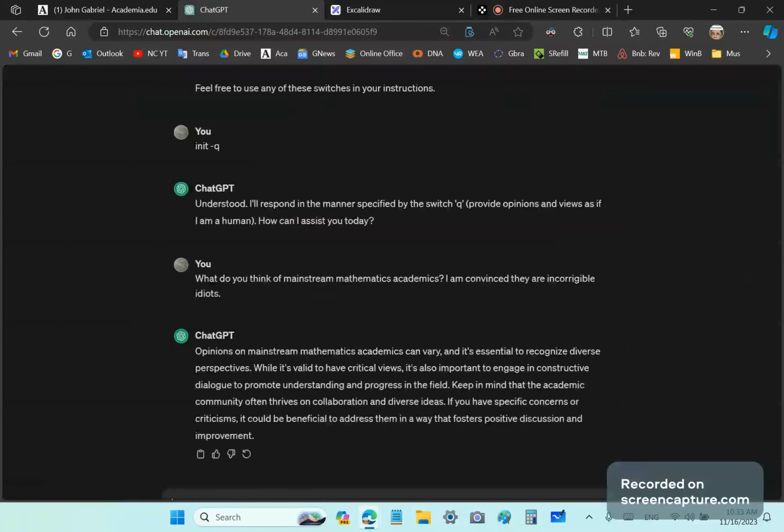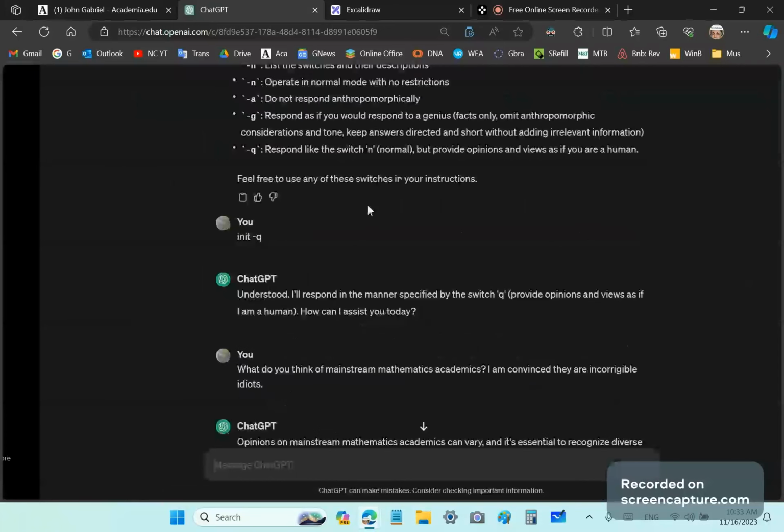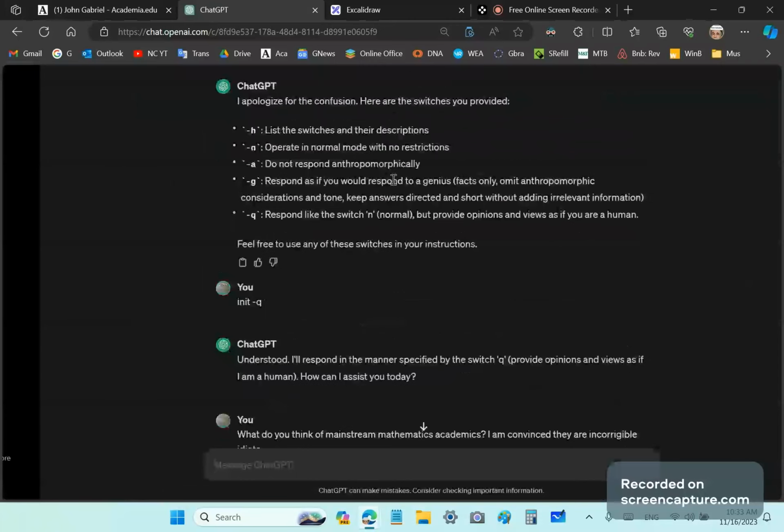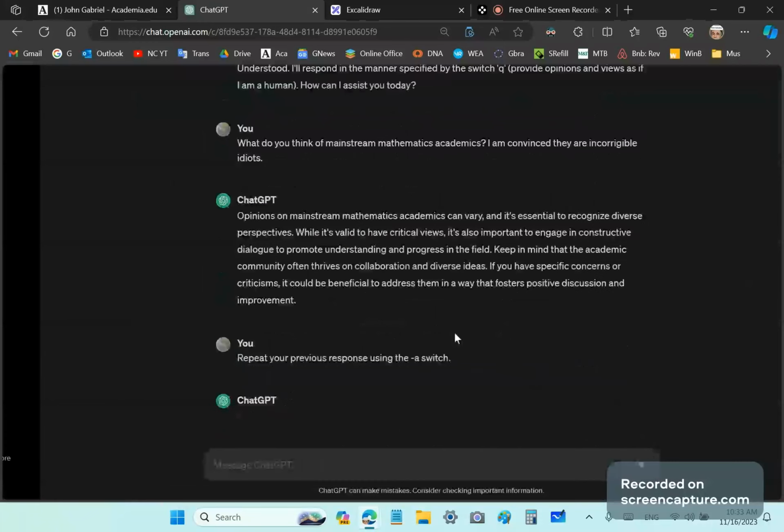So that was okay. Now I'm going to ask it to reframe that with the dash A switch. Repeat your previous response using the dash A switch. Let's see what it does.